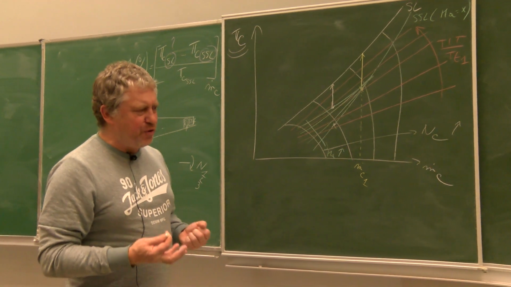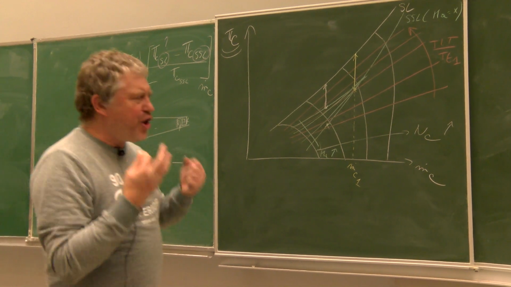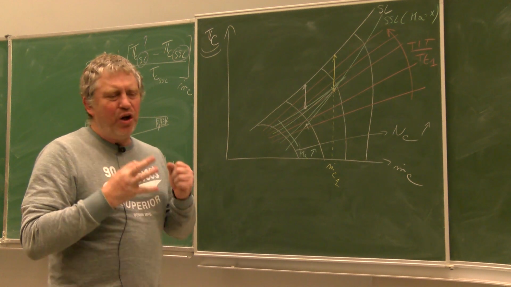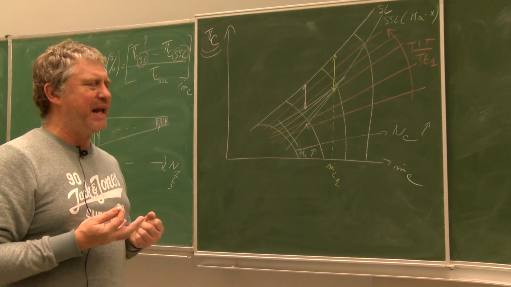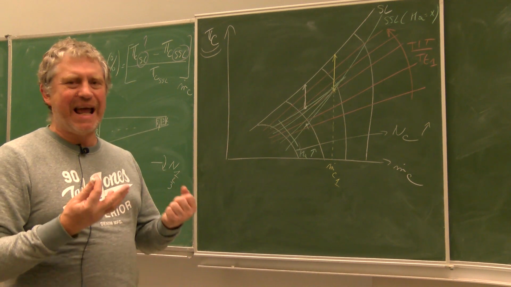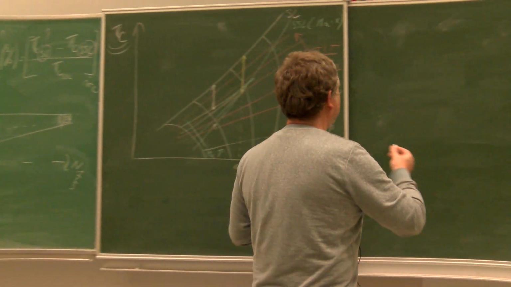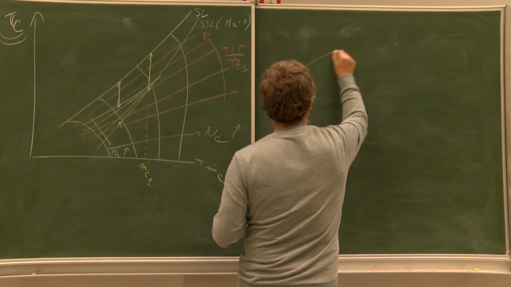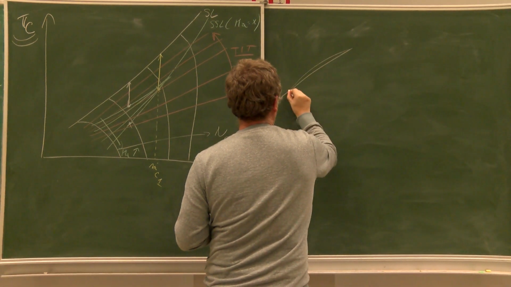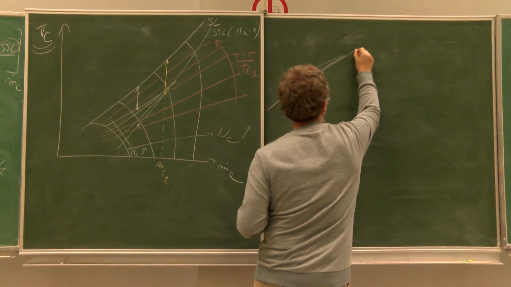And I have explained to you yesterday that the surge is in fact globally a phenomenon that you can call the stall. That means the boundary layer separation. If you have a blade of a compressor, you have the direction of the chord, which is this direction.